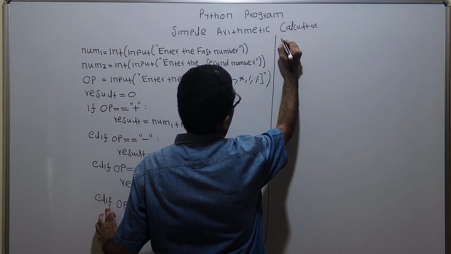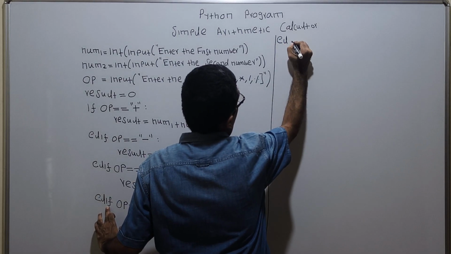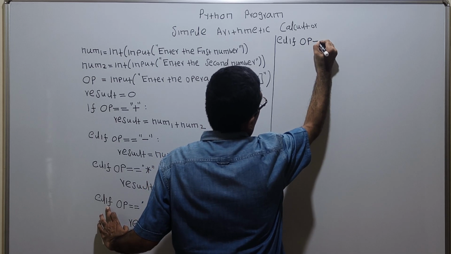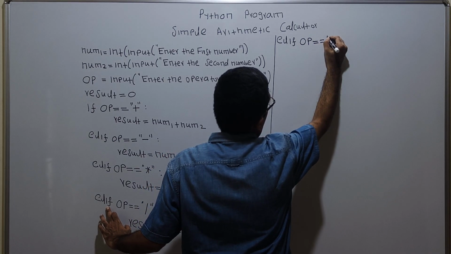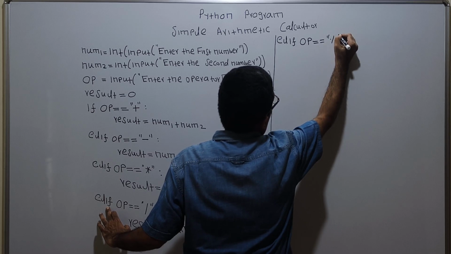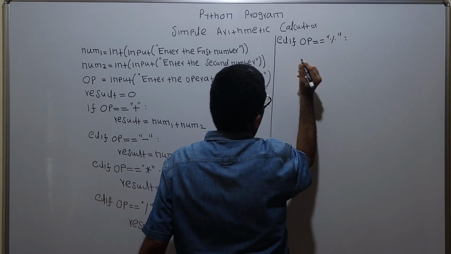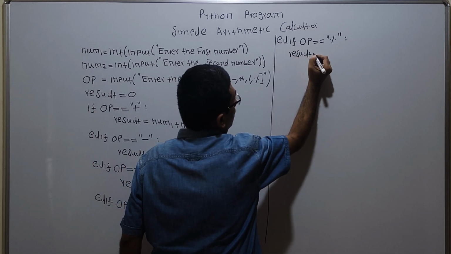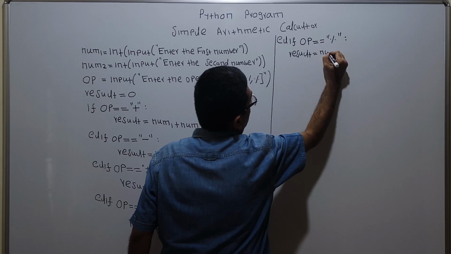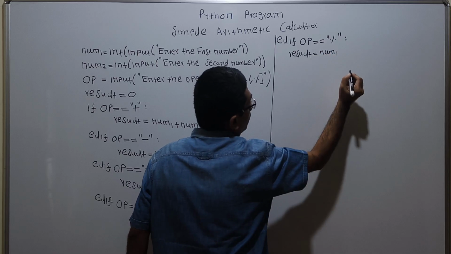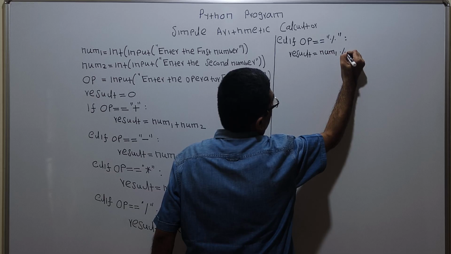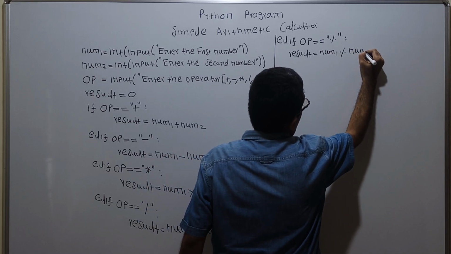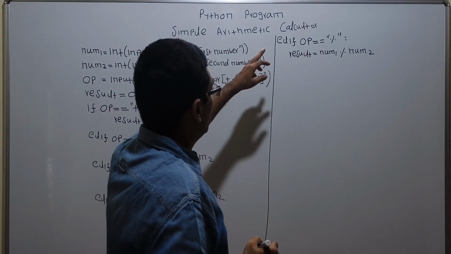I am checking elif, the value in the variable op double equal to modulo division colon, result = num1 % num2. So this is also false.